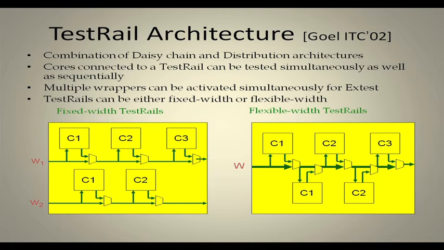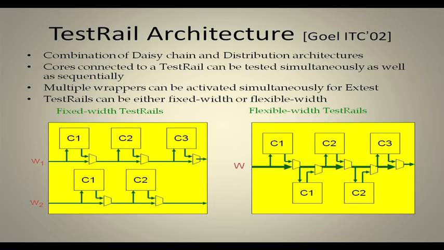Whereas in the second case, since it is flexible, we have the choice. As long as the total TAM width requirement does not exceed W, we can distribute this TAM width to different cores differently. There is no distinct test rail onto which the cores are placed, so that gives flexibility to the overall scheme.